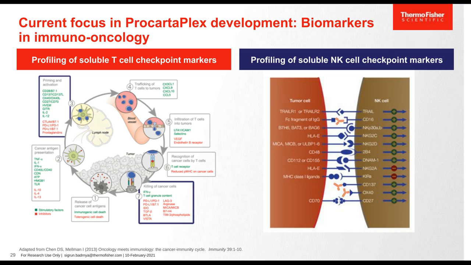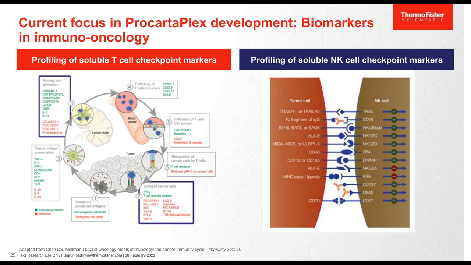So our immuno-oncology checkpoint biomarker panels particularly focus on the steps 3 and 7, T cell activation and the killing of cancer cells, including the most important co-stimulatory and co-inhibitory molecules, which are often engaged by cancer cells to alter activation pathways and ultimately attenuate immune responses. And thus, these are also relevant targets for immune checkpoint inhibitors.